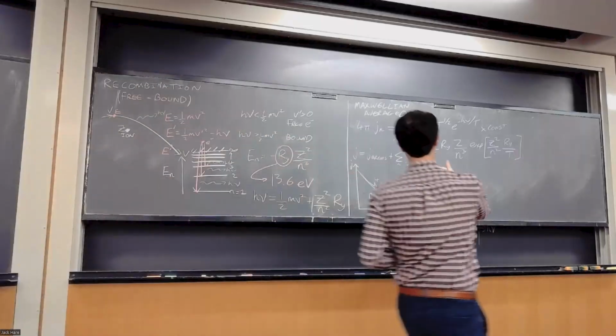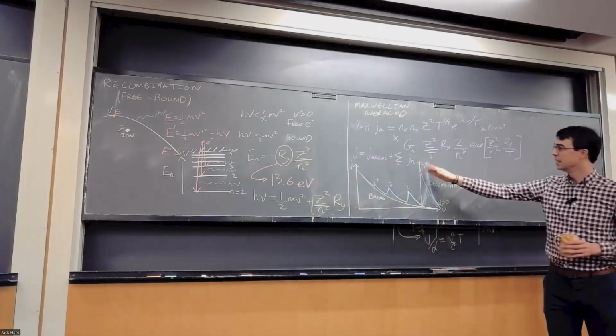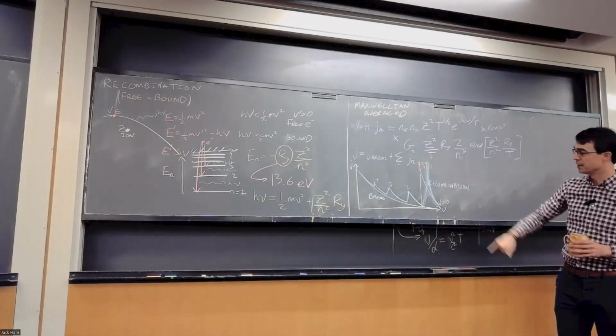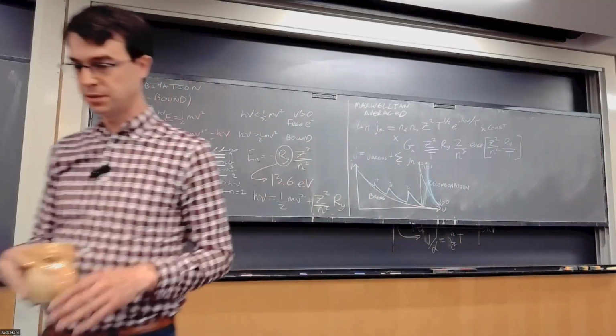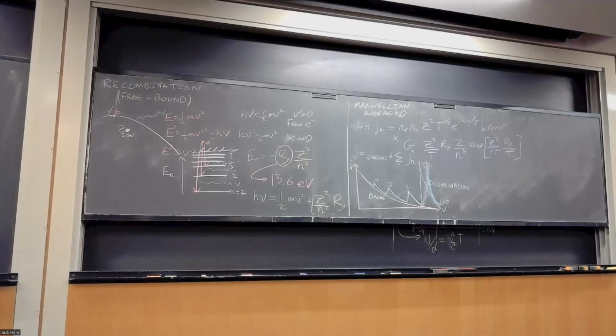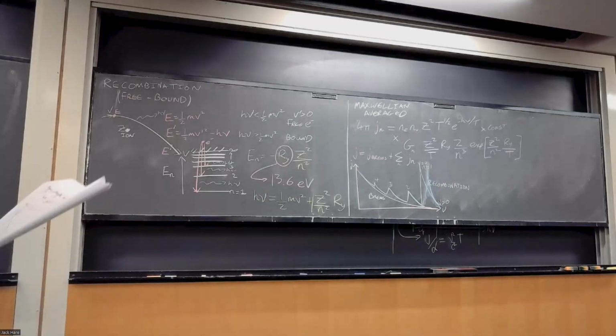Yes, exactly. So this long tail here is due to the fact that we have electrons not just with v equals 0, but much more than that. A good question.